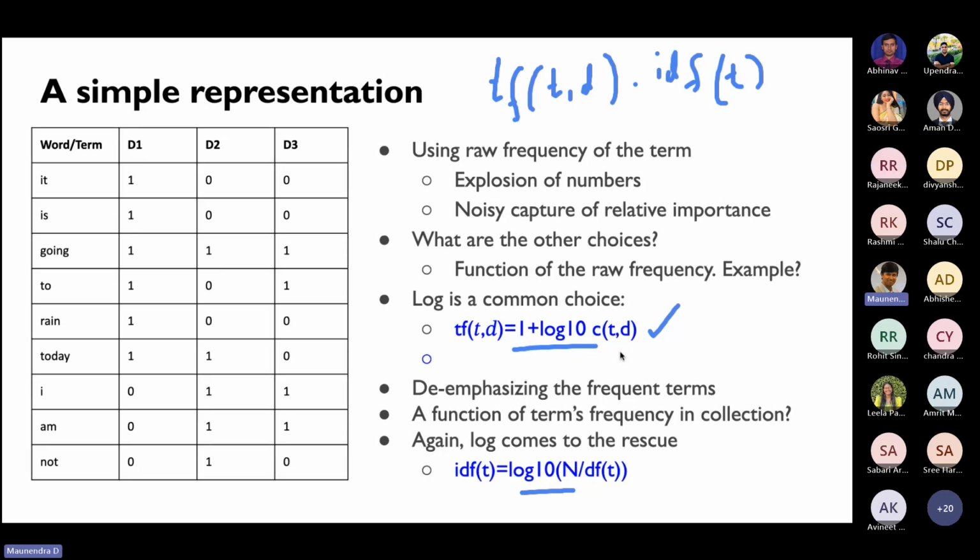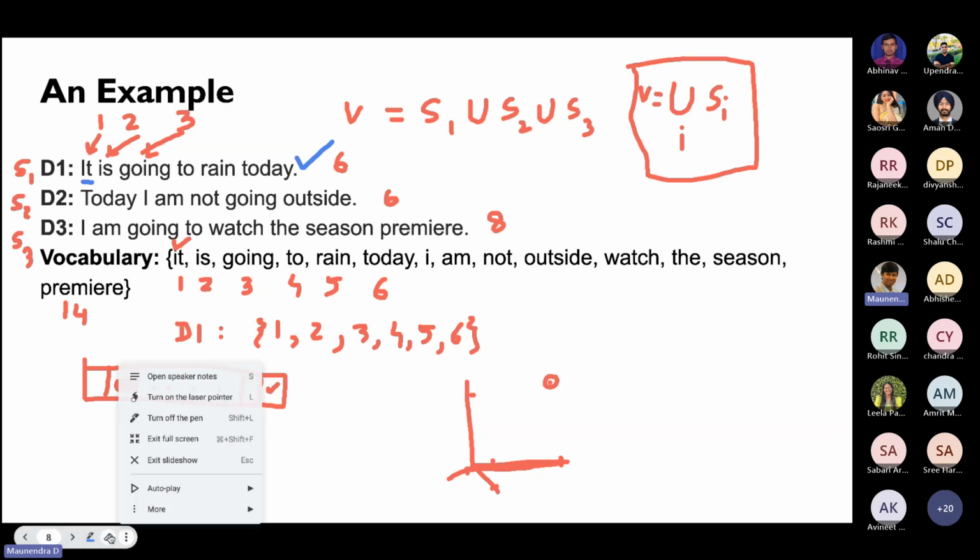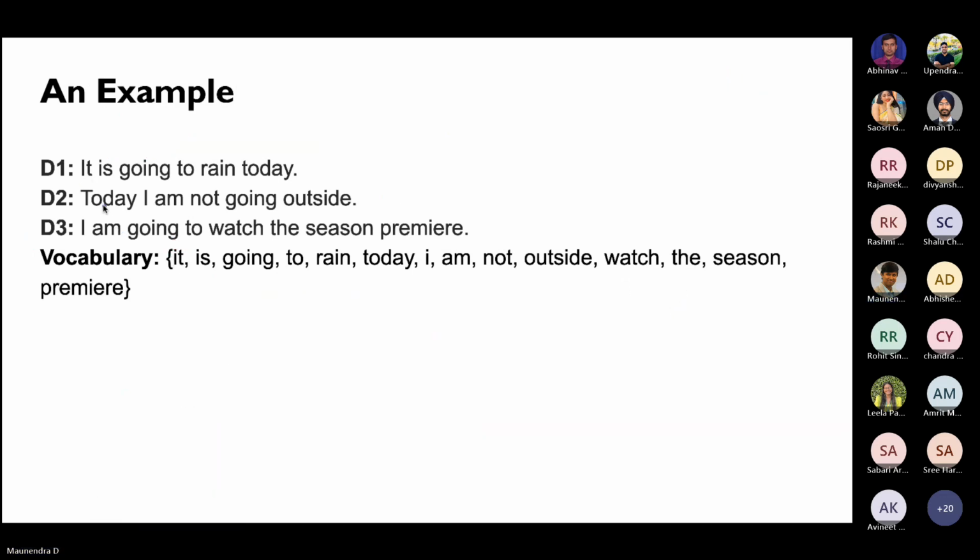So if you look at the sequence of steps which happen for a static collection where we want to store the TF-IDF vectors, we'll start with a collection like this. For each document, we'll extract the individual words. From that, we'll have the vocabulary.